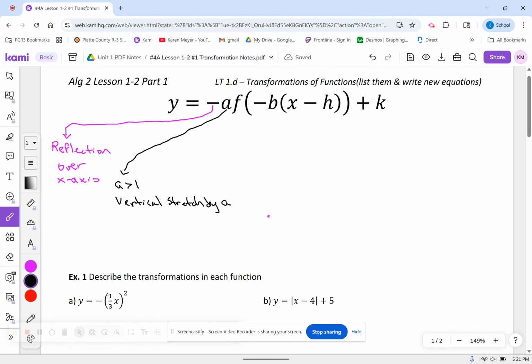And normally, what does that do to a picture when I say it's a vertical stretch? That means your picture becomes more narrow than the original one.